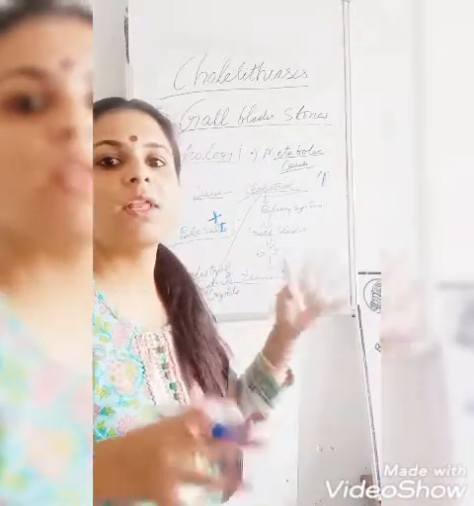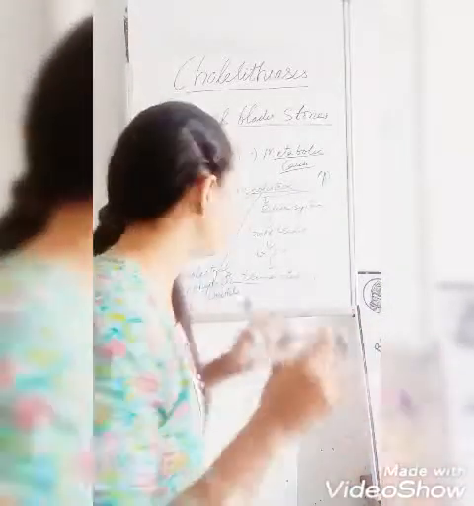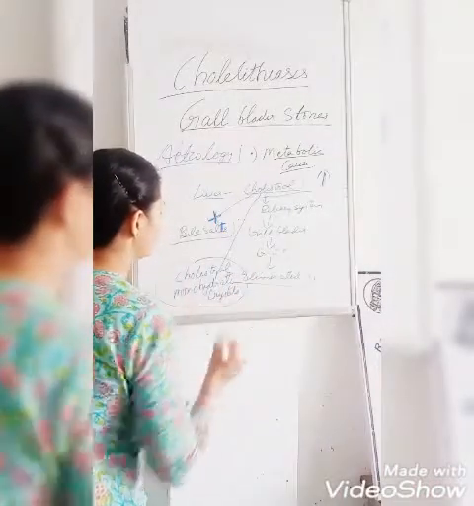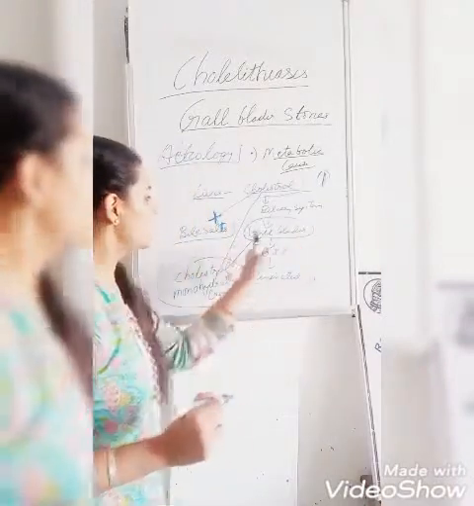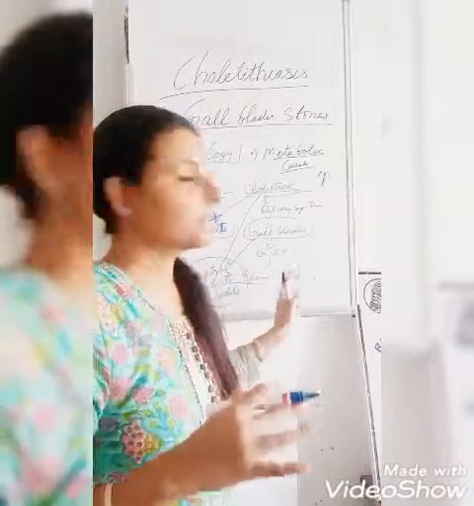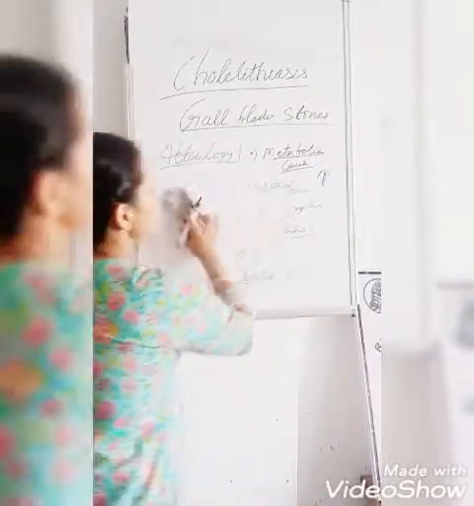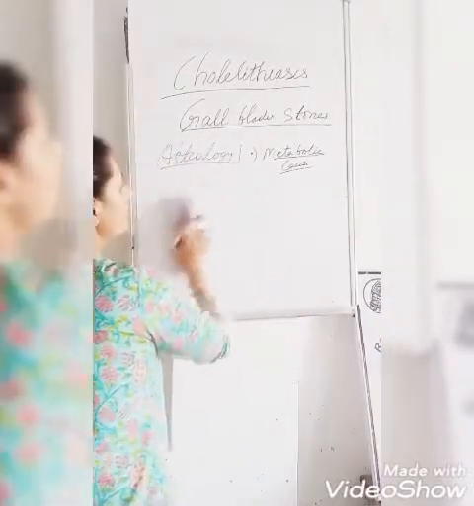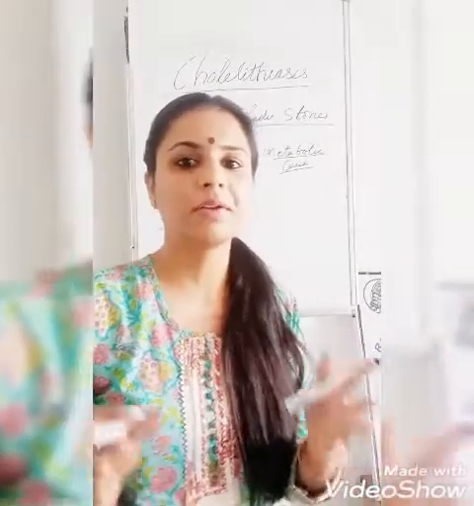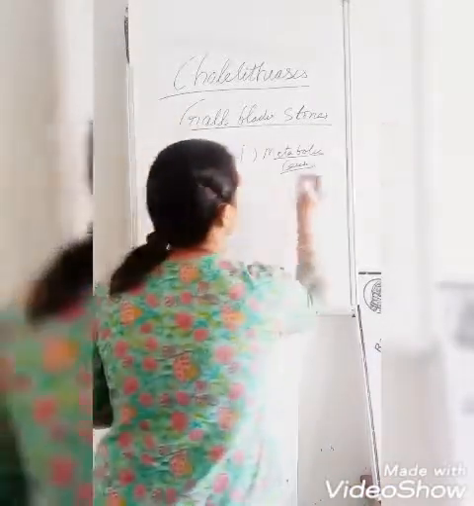But if the cholesterol is in excess of the solubilizing capacity, it will form cholesterol monohydrate crystals, and these crystals will precipitate in the gallbladder and form cholesterol stones. That's how the stones are formed. So this is the metabolic cause: the excess of cholesterol forms cholesterol monohydrate crystals that get precipitated in the gallbladder to form stones.